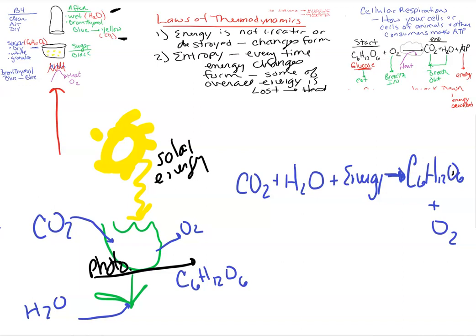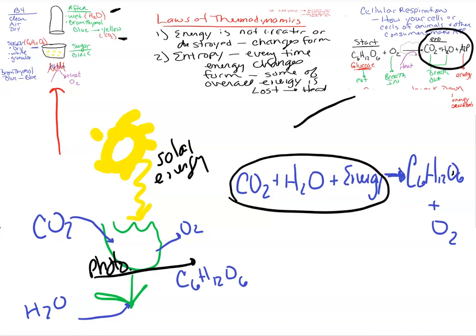So this side of the equation matches the starting equation of photosynthesis. Photosynthesis is used to make sugar and oxygen, which are the starting materials for cellular respiration. So these two formulas go hand in hand.